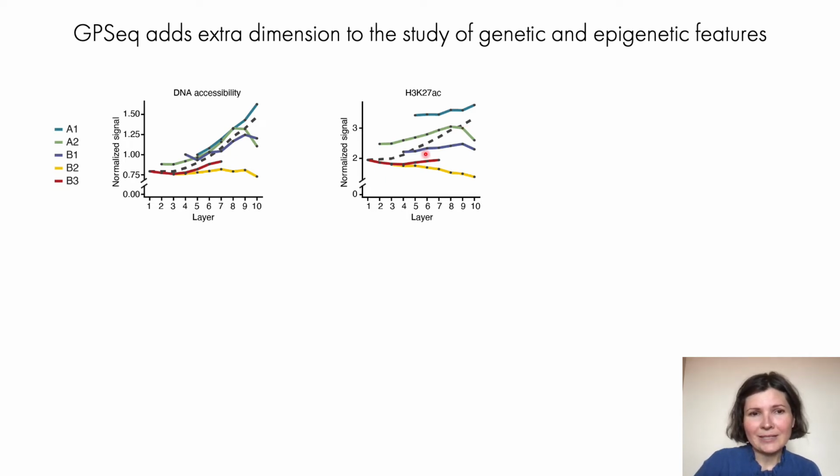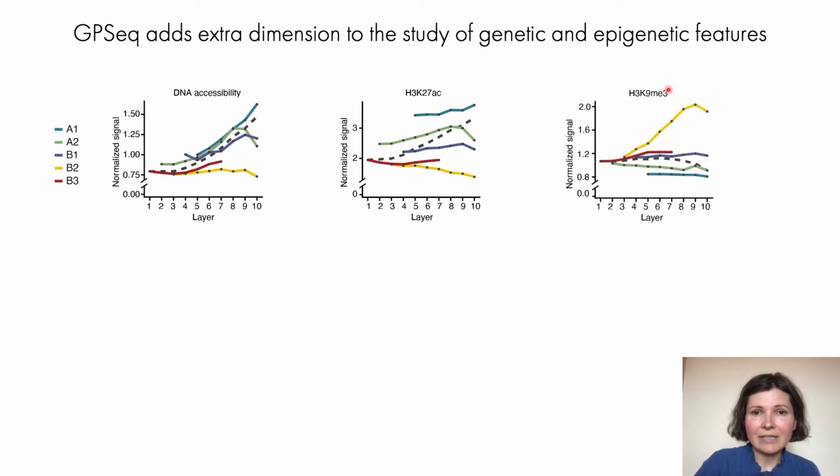But when you look at the B2 subcompartment, so pericentromeric, this mark actually goes down towards the center. When we looked at the inactivating mark, H3K9 trimethylation, we could see opposite trends. Genome-wide, it seems to be going at least slightly down towards the center, but again for the B2 subcompartment it looks very different.